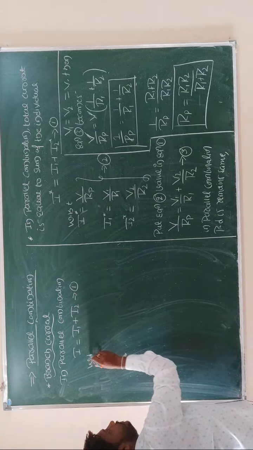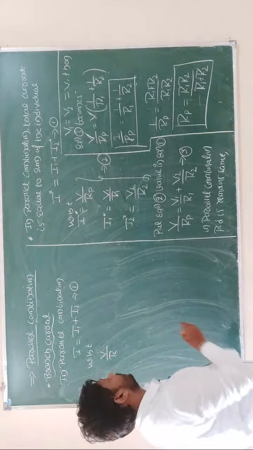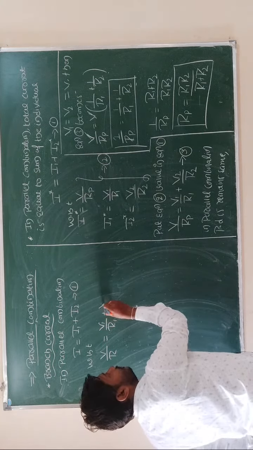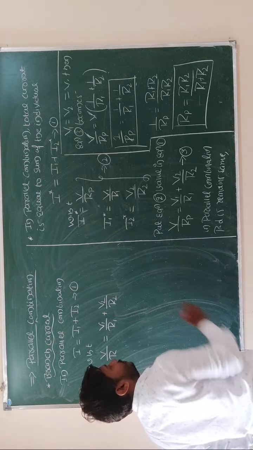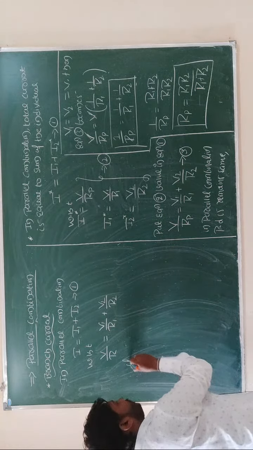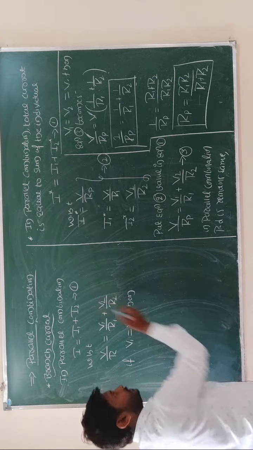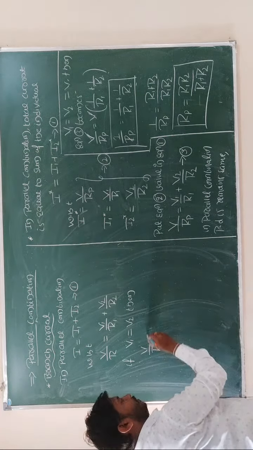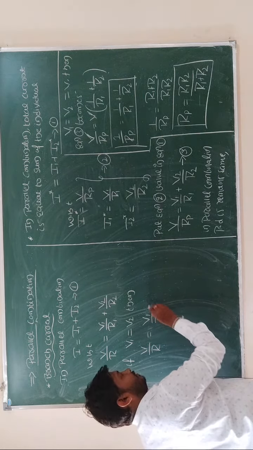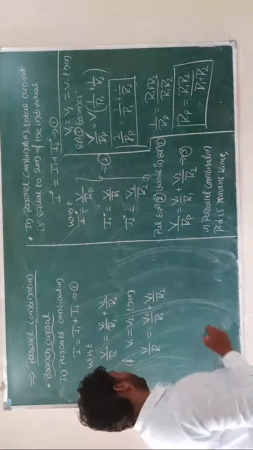We know I is equal to V by R. Then I1 means V1 by R1, and I2 means V2 by R2. If the potential difference remains the same, if V1 is equal to V2, then I can consider V by R equal to V1 by R1 plus V1 by R2.